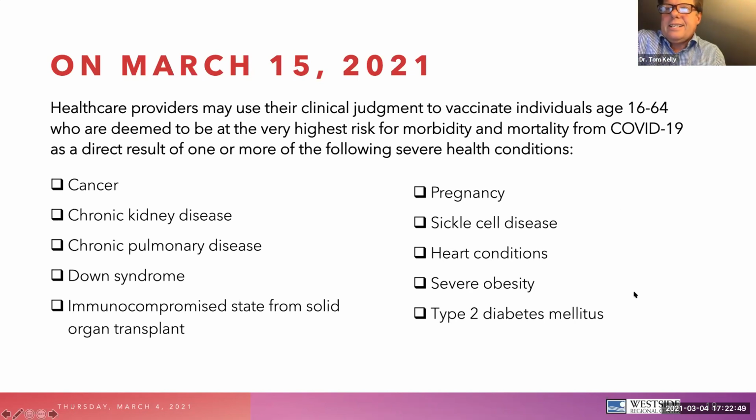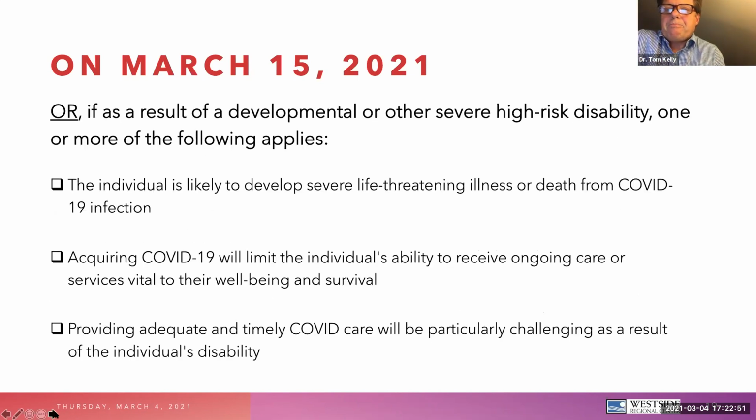Or, if as a result of a developmental or other severe high-risk disability, one or more of the following applies. Here, they're opening up the discussion to include individuals with developmental disability, because there's been a lot of statewide advocacy that these individuals are at higher risk for a number of reasons, not just underlying medical reasons.